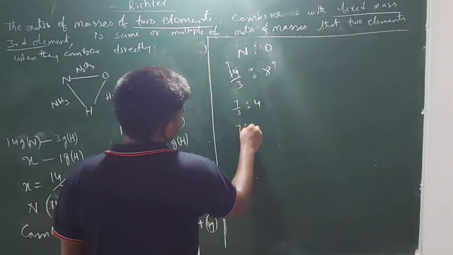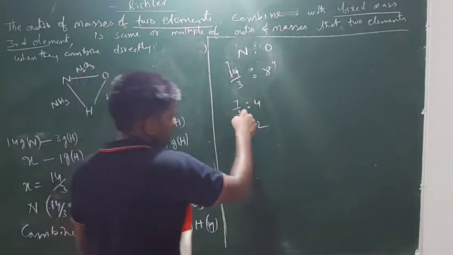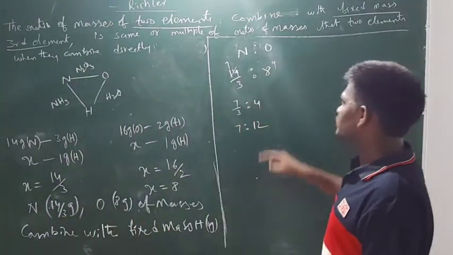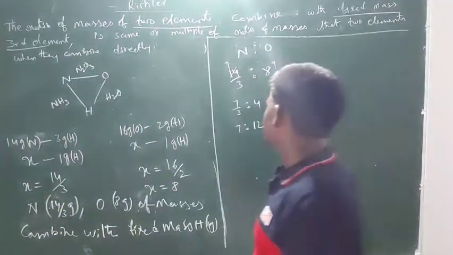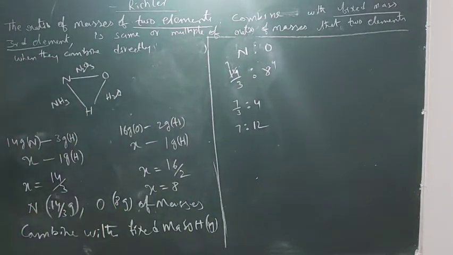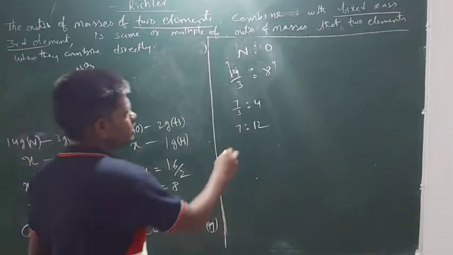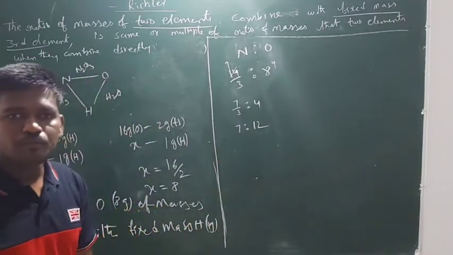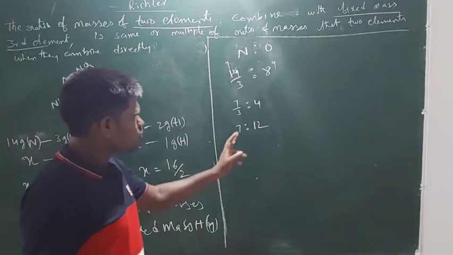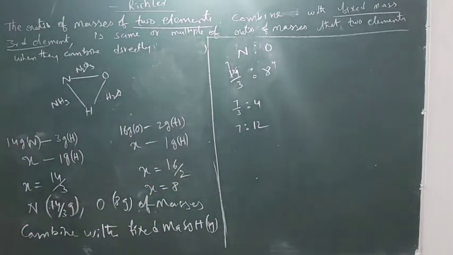Then it will be 7 is to 12. This 3, if you bring on this side, then it will be 4 into 3, 4 into 3 is 12. 7 is to 12. So now, guys, always nitrogen and oxygen combine with the fixed mass of hydrogen in 7 is to 12 ratio.